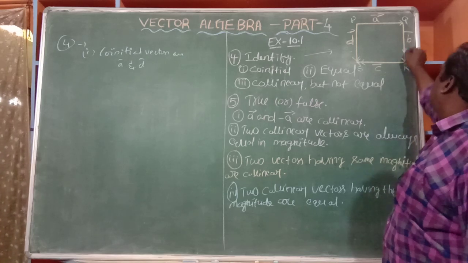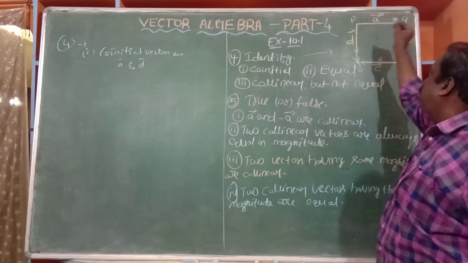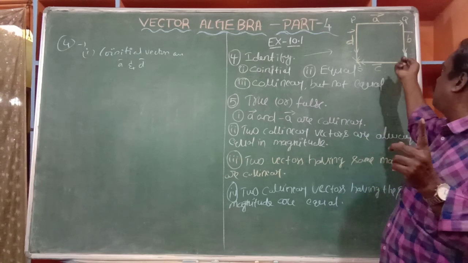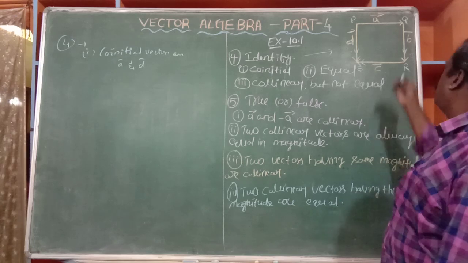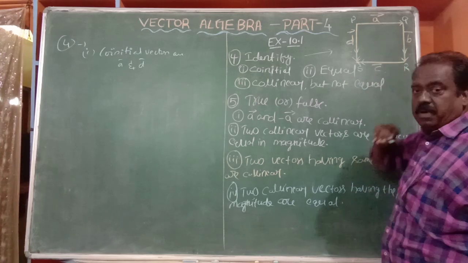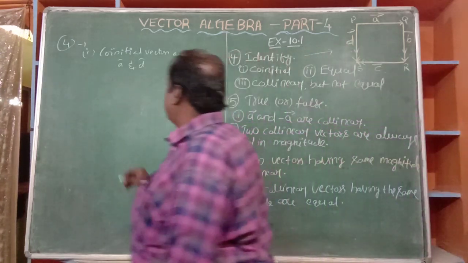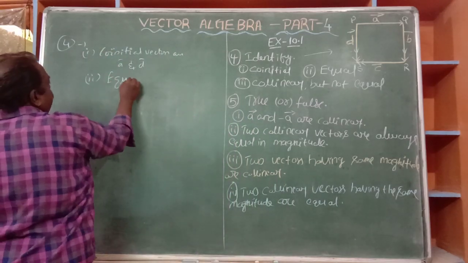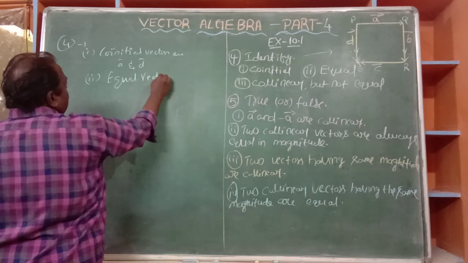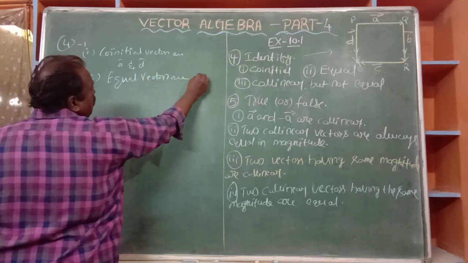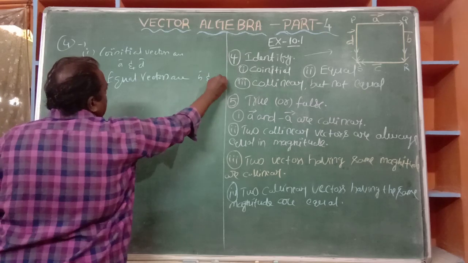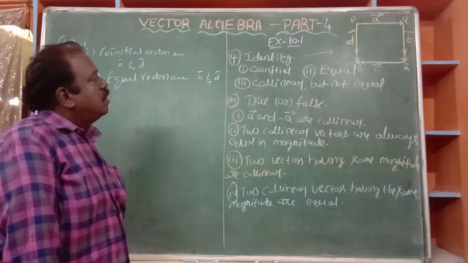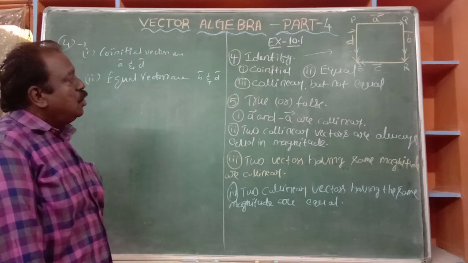Whereas QR bar and PS bar have the same direction, they are parallel because opposite sides are parallel in a square. So B bar and D bar are equal vectors. Okay? Right.